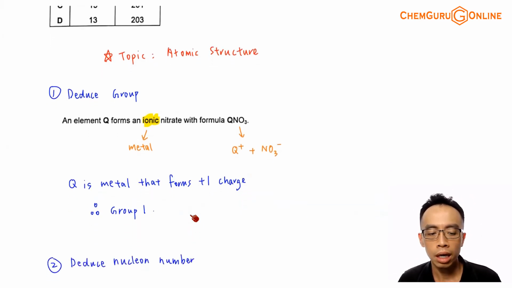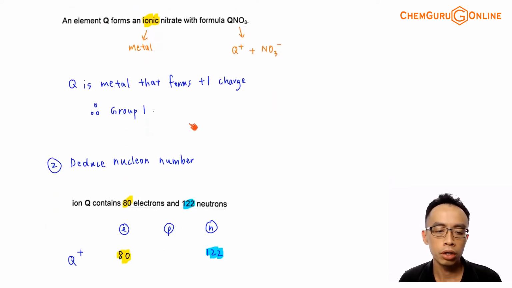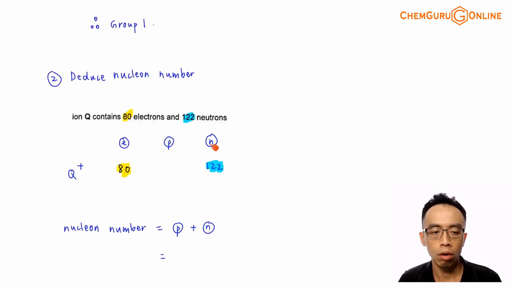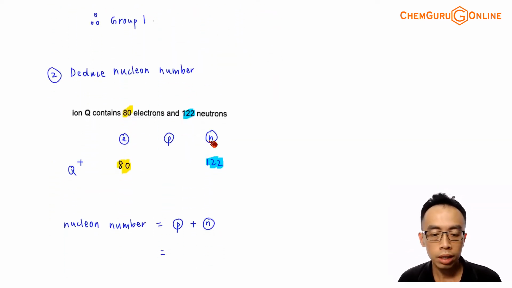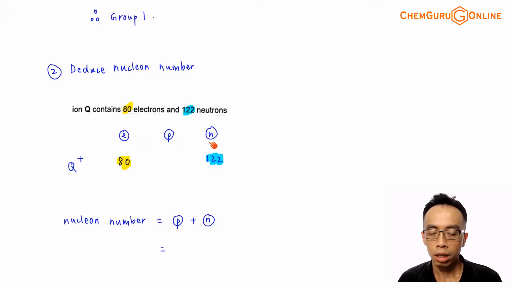The next thing I have to deduce is what is the nucleon number for Q. Now basically what we have is the question tells us ion Q, which is Q+, contains 80 electrons and 122 neutrons.